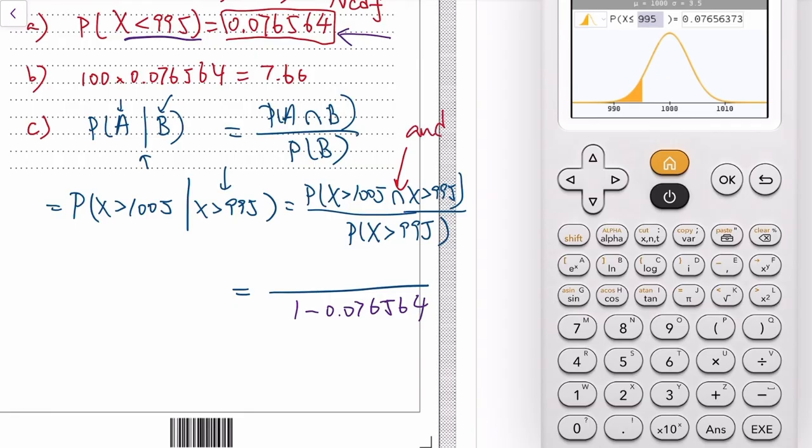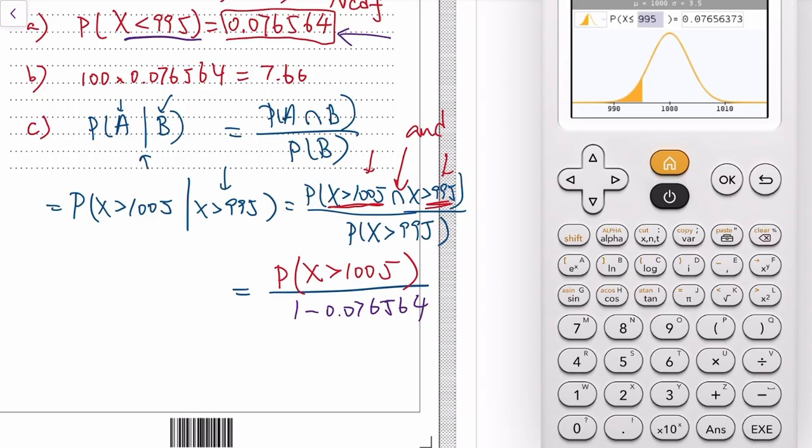So you need to think what is the meaning of x being bigger than 1005 and bigger than 995. If you think about it, it means x is bigger than 1005, because if x is bigger than 1005, then it is already bigger than 995.